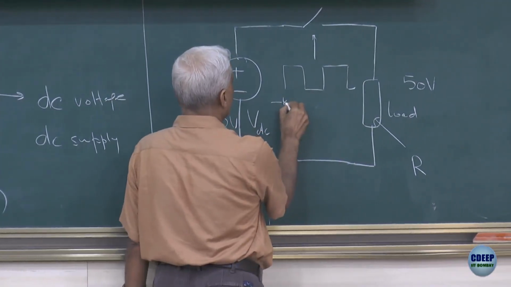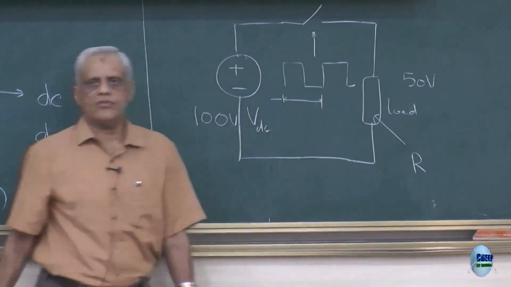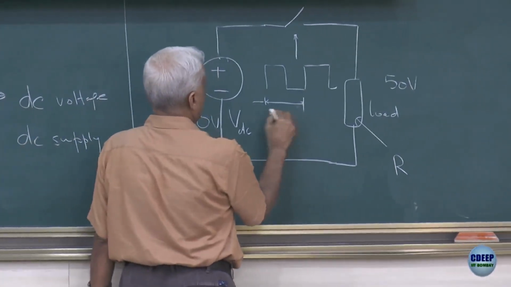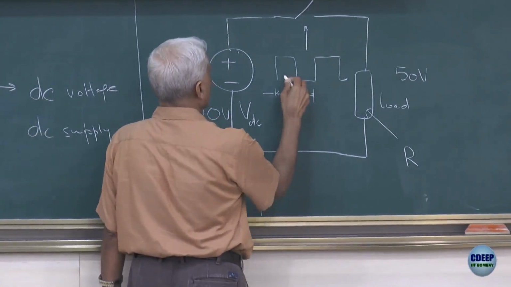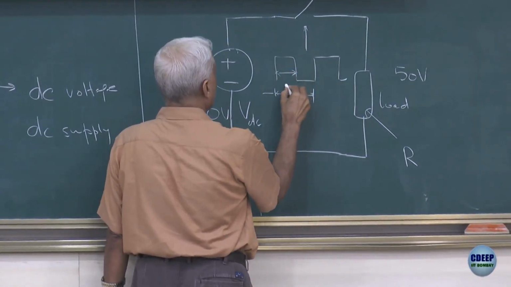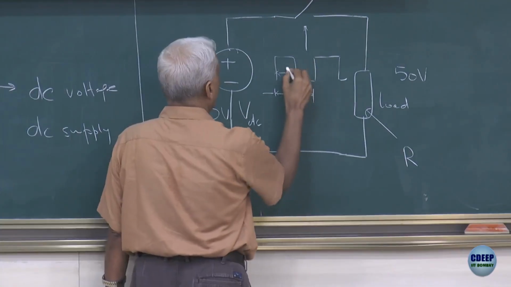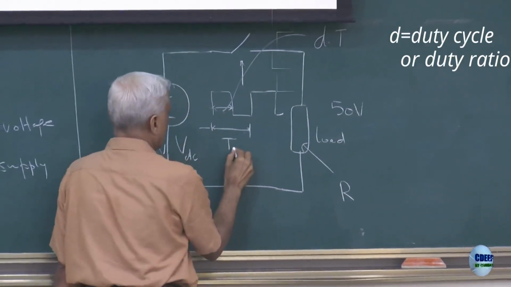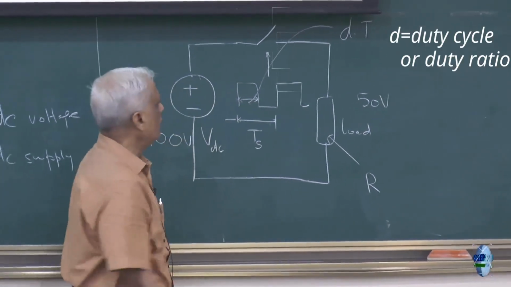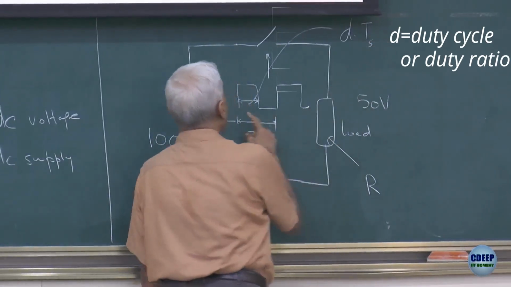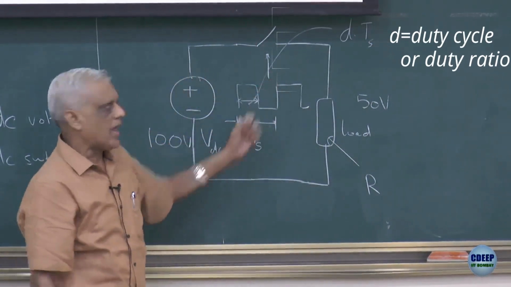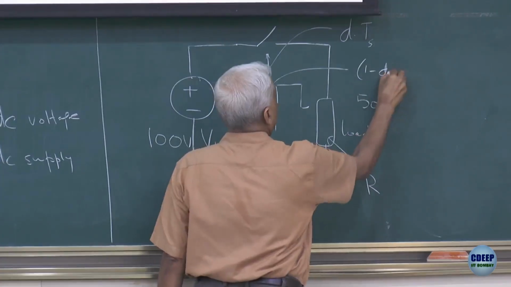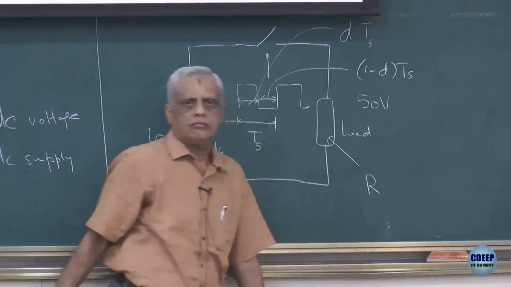If I call the time period of this controlled continuous train of pulses Ts, then there is some slice of this cycle which is D times Ts, for which this device is on, and 1 minus D times Ts, for which this device is off.